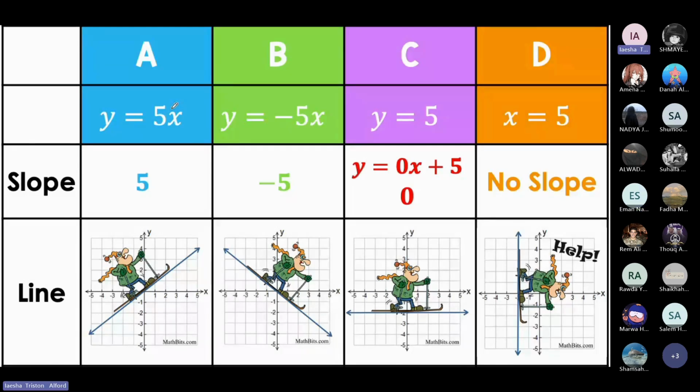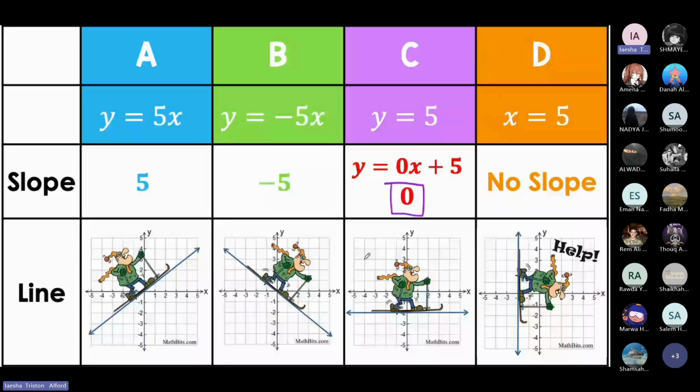So here, we're back again to what I just told you. They want to know about horizontal and vertical lines. For C, the line is horizontal. The slope should be 0.